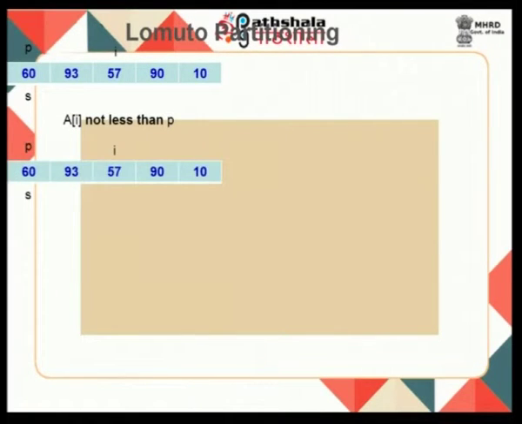That means A of I is lesser than P. Therefore, I am incrementing the pointer S, so that it points to the next element, 93.